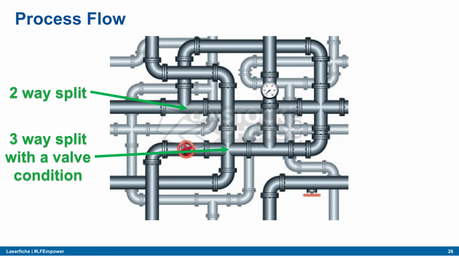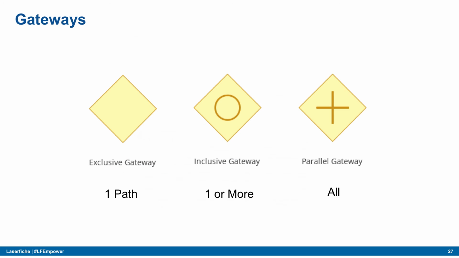We have a two-way split where the water comes in one way and splits into two pipes. We can also have a pipe that goes 4 ways, a 3-way split, and there's a valve. That valve can be turned on and off conditionally based on the need for the water traveling down the pipe. And so with gateways, you're able to account for all these different nuances.